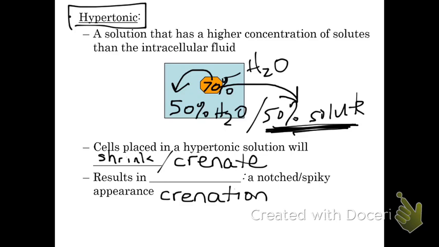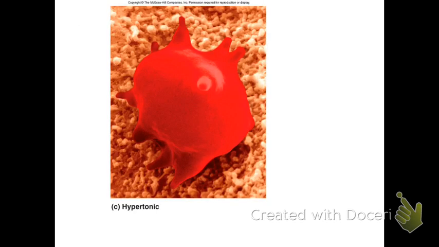So if a red blood cell is put into a hypertonic environment, into a salty solution, then what happens? The cell crenates. And you can see the spiky appearance of this cell. This is not a normal looking red blood cell. You can see the spikiness to this cell.